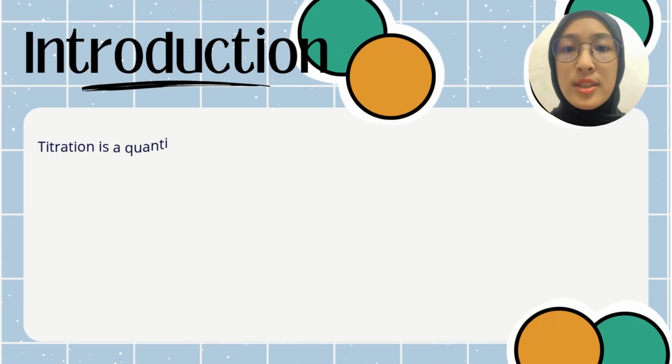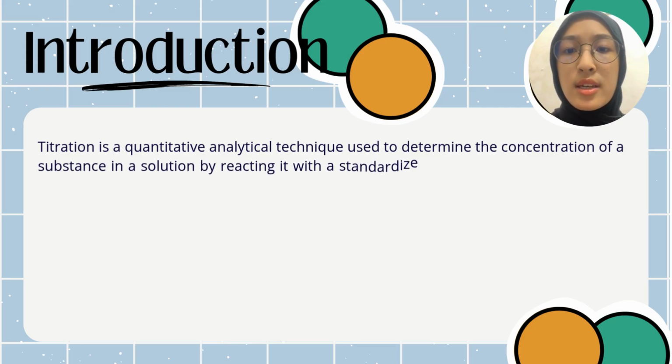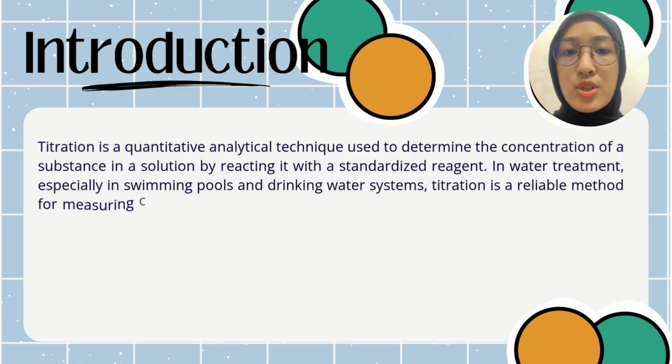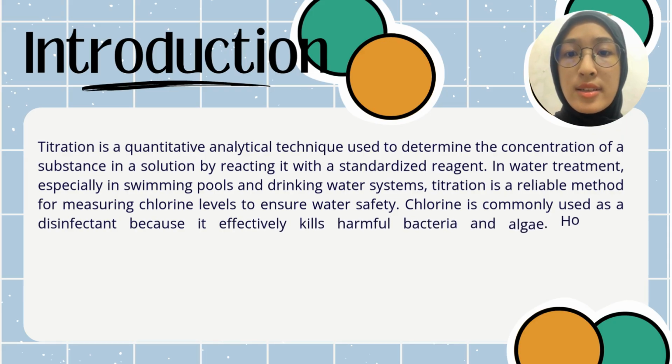Titration is a quantitative analytical technique used to determine the concentration of a substance in a solution by reacting it with a standardized reagent. In water treatment, especially in swimming pools and drinking water systems, titration is a reliable method for measuring chlorine levels to ensure water safety. Chlorine is commonly used as a disinfectant because it effectively kills harmful bacteria and algae.